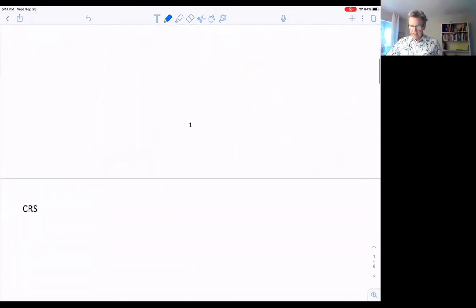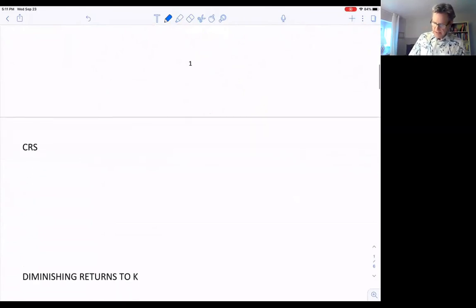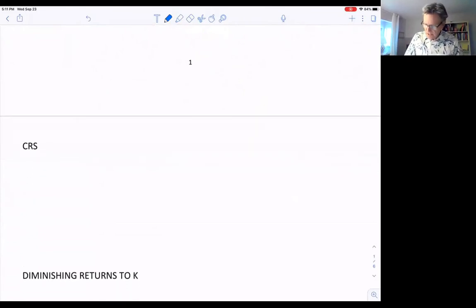Now this Cobb-Douglas production function shows constant returns to scale, CRS. Constant returns to scale means you double all inputs and you double all outputs.